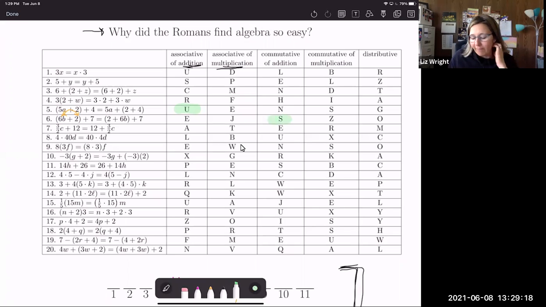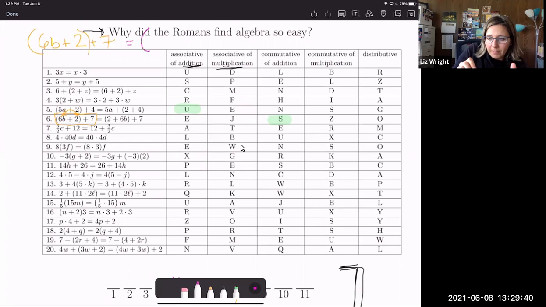I'm going to show you something. If it was commutative of multiplication, this is how it could have looked different. So let's say we started with this, and I'm going to instead show you something of commutative of multiplication. Instead, it would look like this.